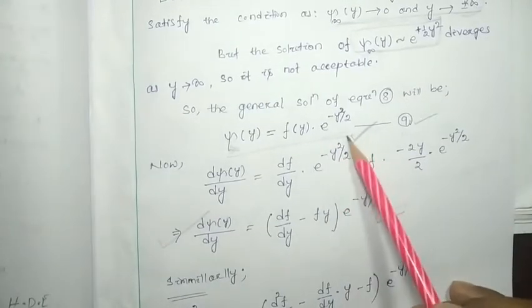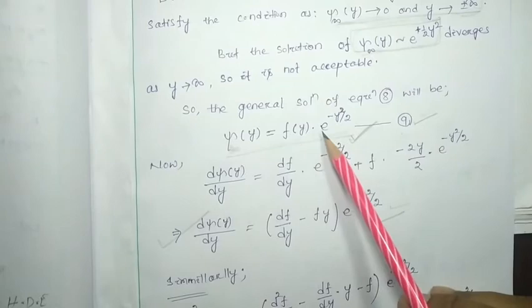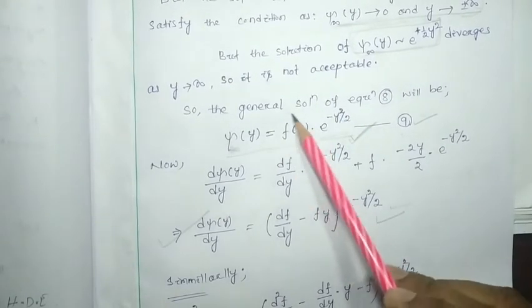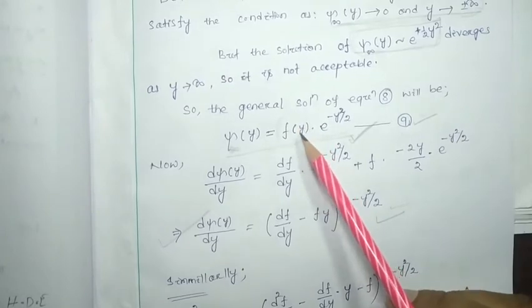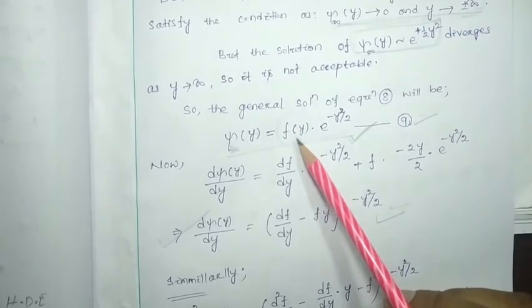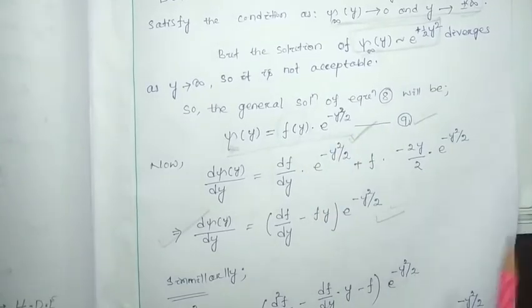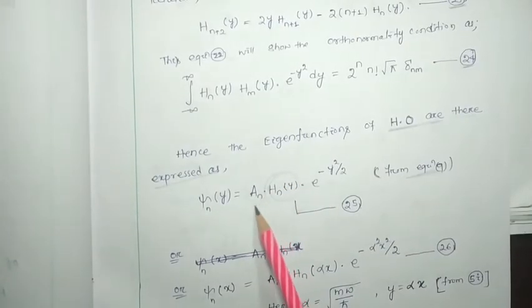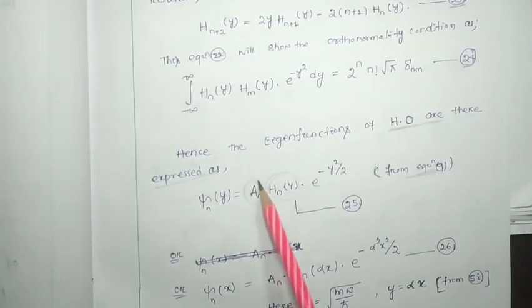Whatever we found, the generalized solution is f y e to the power minus y square by 2, and f y here is nothing but the so-called Harmonic polynomial, that is h n y. So instead of f y we have to consider h n y.